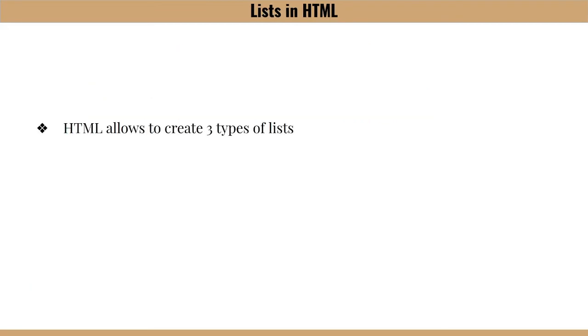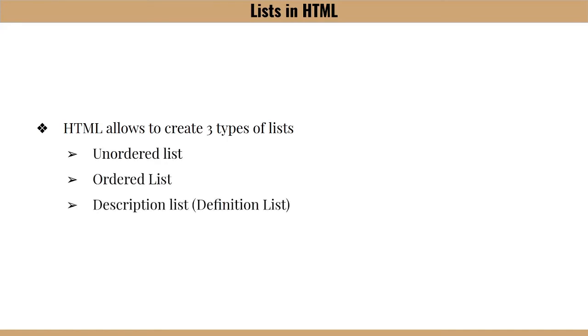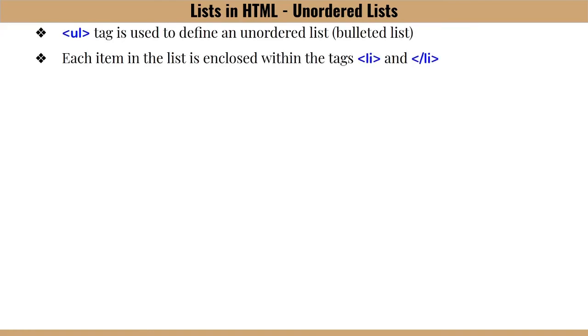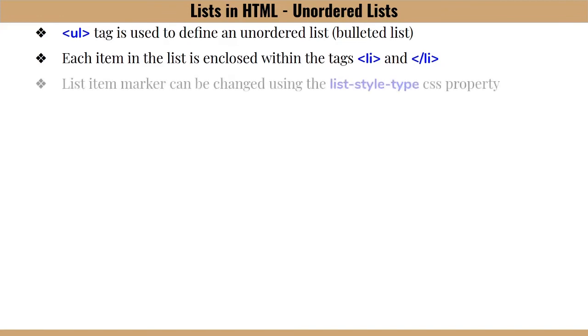Then we have also seen how to create lists in HTML. There are three different types of list: unordered list, ordered list, and description list. An unordered list is created using the UL tag. Each item in the list is enclosed within li and /li. The list item marker style can be changed using the list-style-type CSS property.